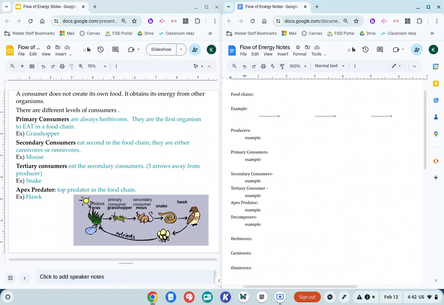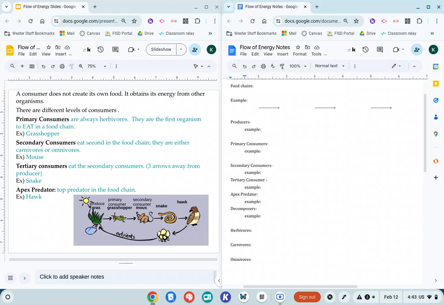So I don't really consider humans apex predators because we kind of hijack the system with all of our tools, but whatever. Anyways, you could write whatever example you want. Hawks, tigers, lions, killer whales in the ocean, anything like that.